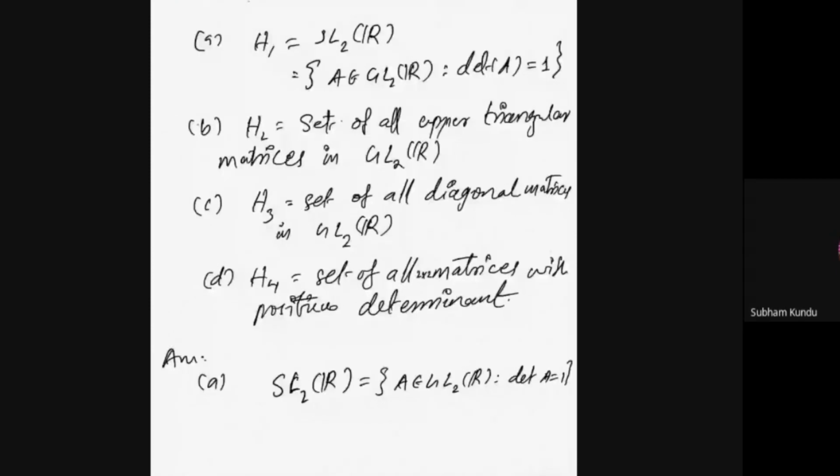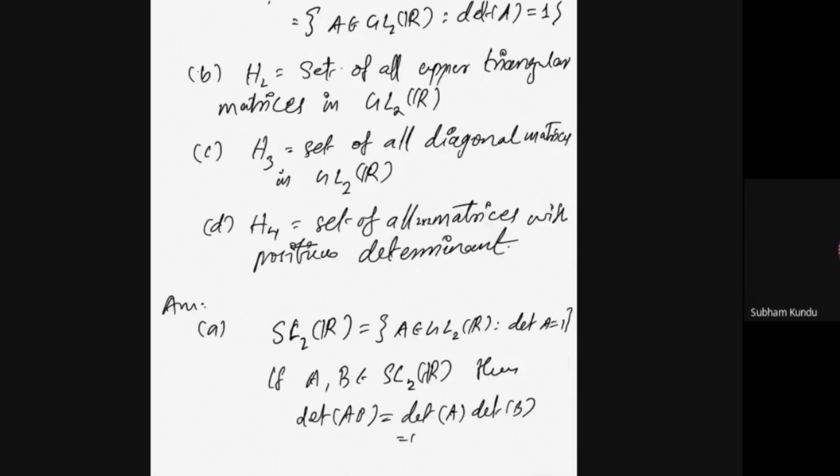So SL2R is basically a group, because if A, B belong to SL2R, then the determinant of AB is the determinant of A times the determinant of B. Both are 1, so this is 1, so that is fine. In fact, the determinant of A B inverse will also be 1, so it's a group.